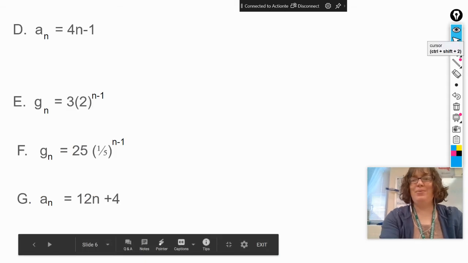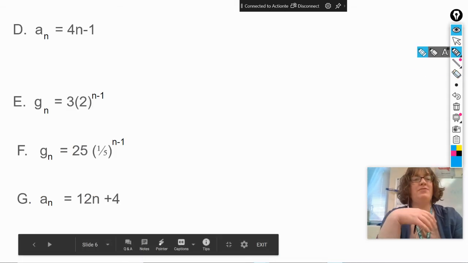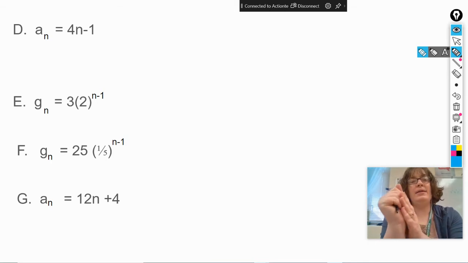All right, so here we go. This one, the first one says a sub n is equal to 4n minus 1. Now, the format of this problem may seem a little bit strange, but I think that you'll see that it's something that we have dealt with before.